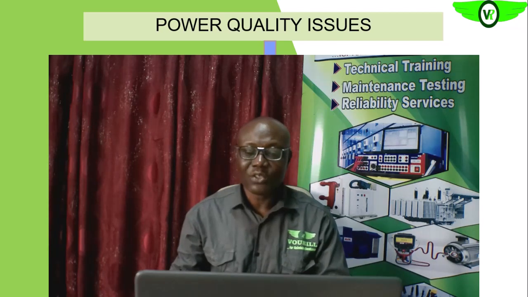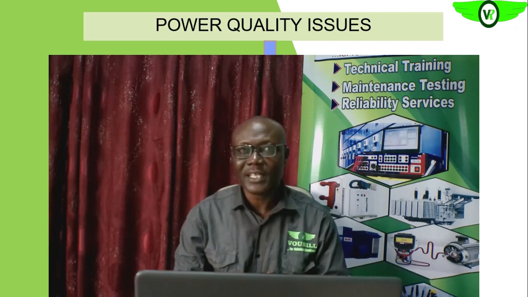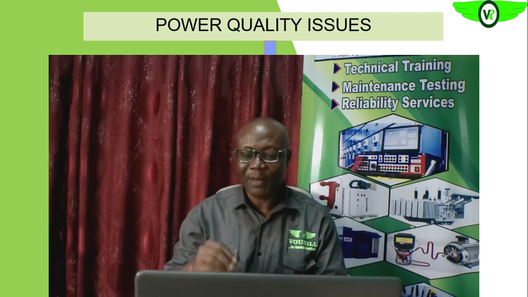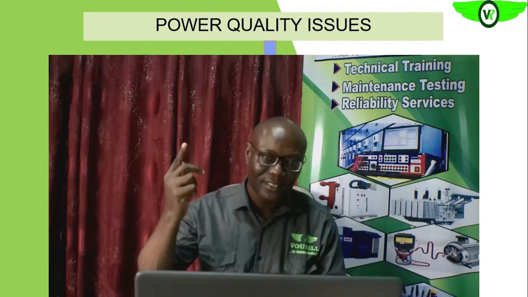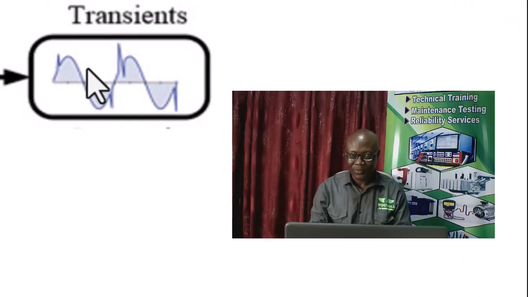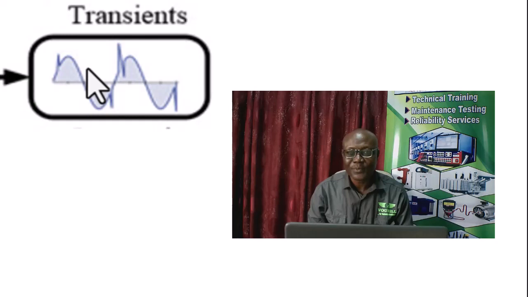So the next that we are going to look at is transients. Okay, transients are basically introduced by lightning. They usually appear as spikes in our voltage signal or waveform. You see that spike will overshoot the limit; they are usually very, very high.